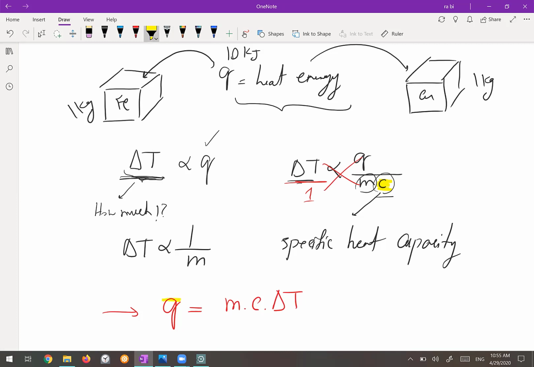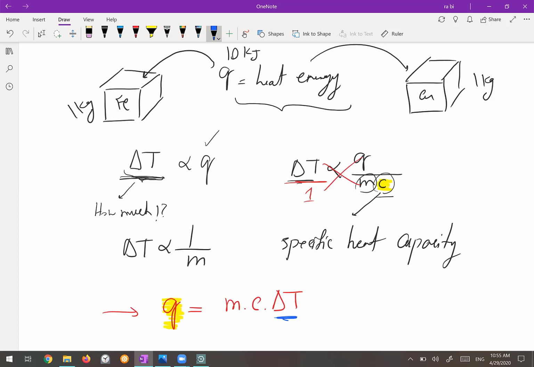So what can I measure here? I can measure the amount of heat which has gone into the system or come out of the system. How? By measuring the temperature change. So the temperature change gives me an idea how much heat has gone into the system or come out of the system.